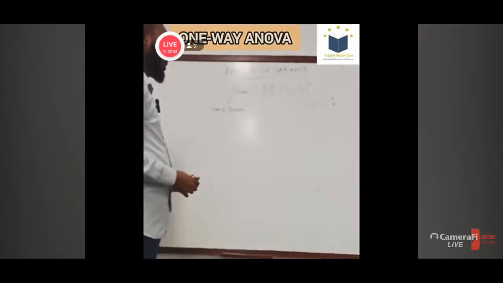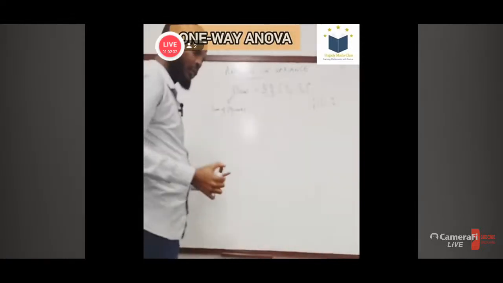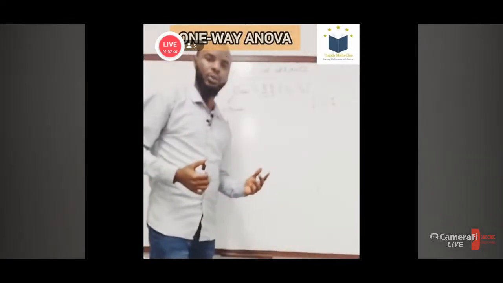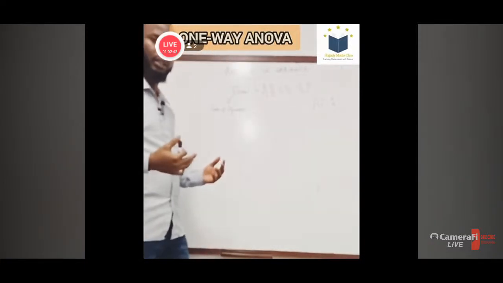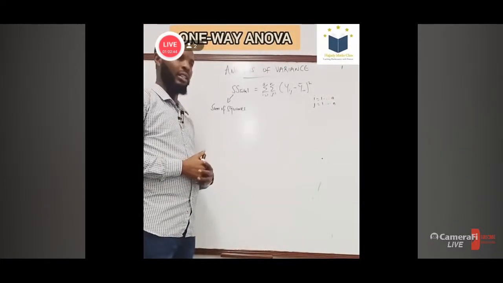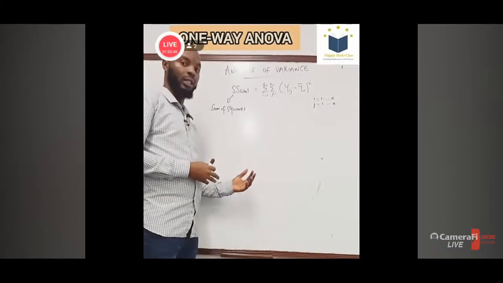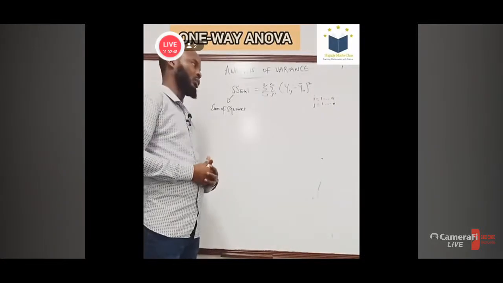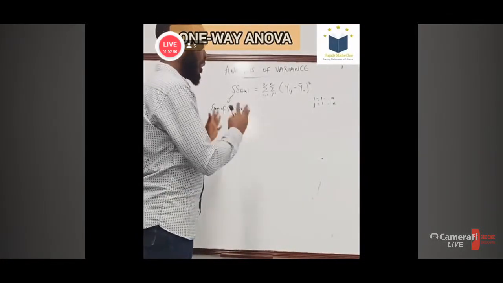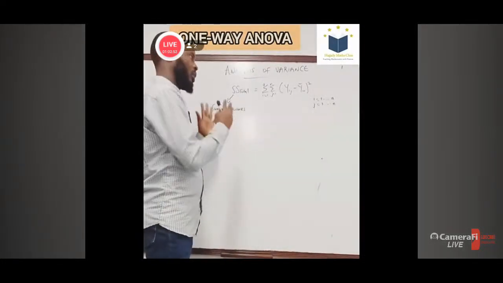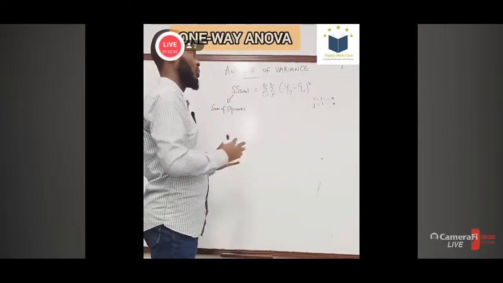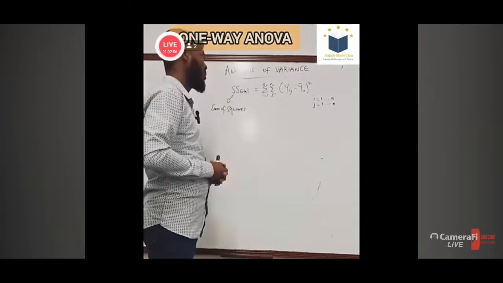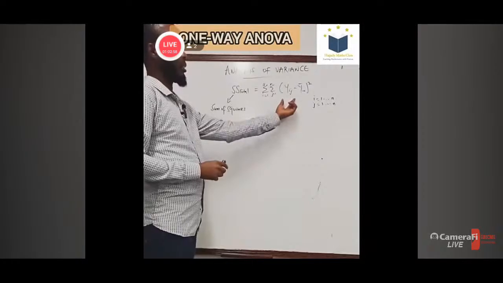So when we get to the two-way ANOVA, which is known as the RCBD, the randomized complete block design, then we can talk about the blocking effect and also about the treatment effect. But in this case, we are not considering the blocking. We are only limiting it to the treatment effect. Now, we want to decompose this.